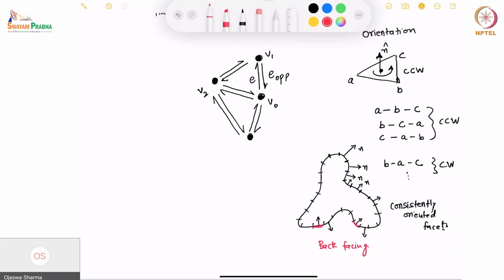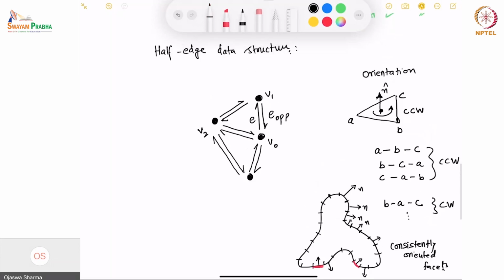These algorithms just remove the back-facing triangles because you don't want to display them, since they are not visible to you in some algorithms. Let me not get into details of that because I'll run out of time today. But for now, just take it that orientation is required.